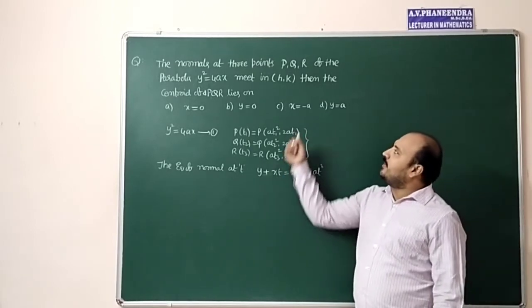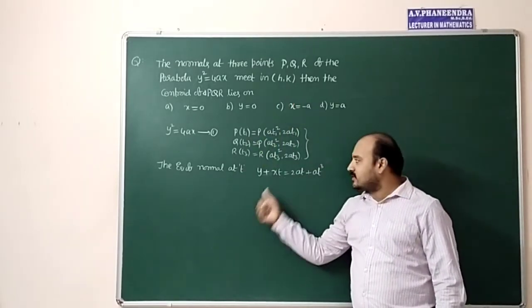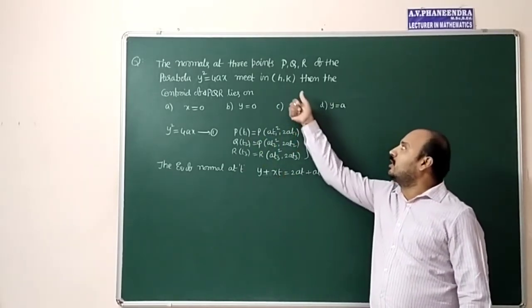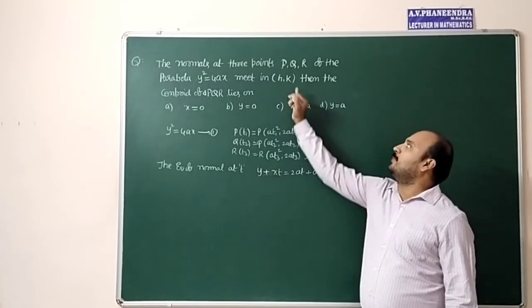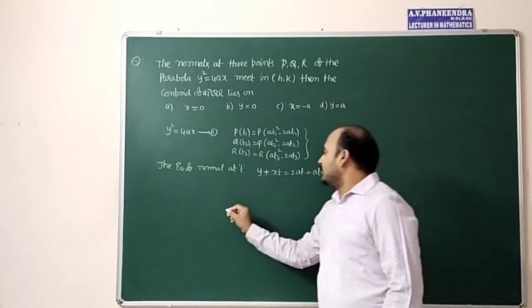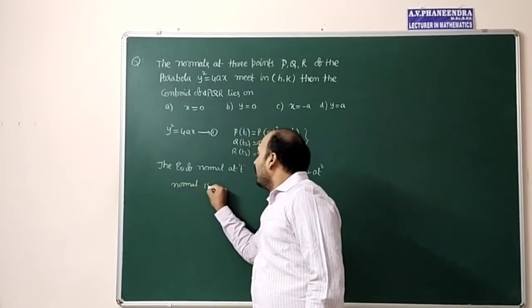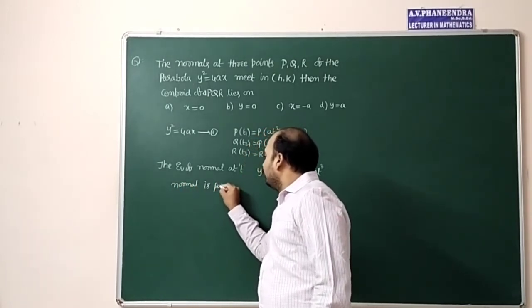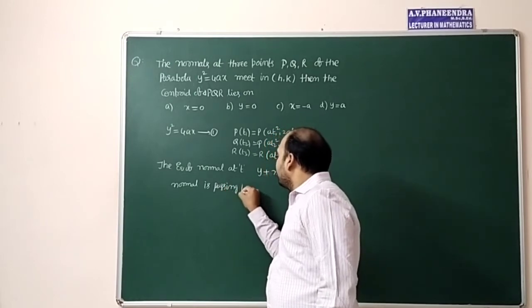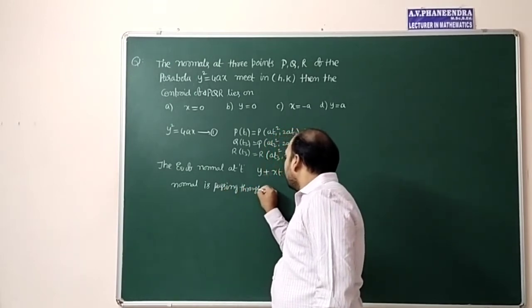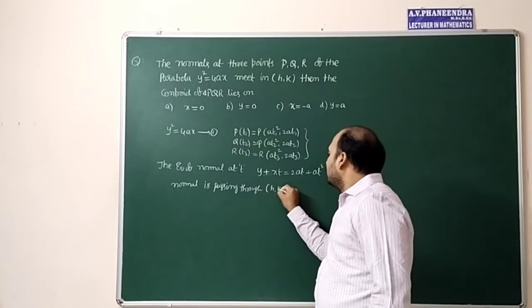This equation is meeting at what point? H comma k. That means this equation is passing through H comma k. Wherever x comma y is there, replacing with H comma k. This normal equation is passing through H comma k.